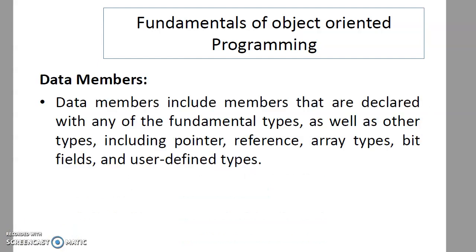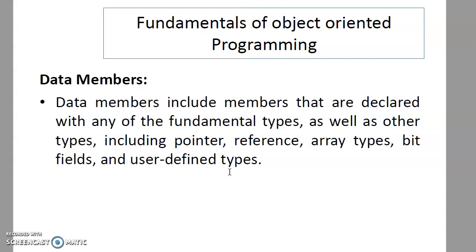The next fundamental of object-oriented programming is data members. Data members include members that are declared with any of the fundamental types as well as other types, including pointer, reference, array types, bit fields, and user-defined types. So data members are the variables within the class.